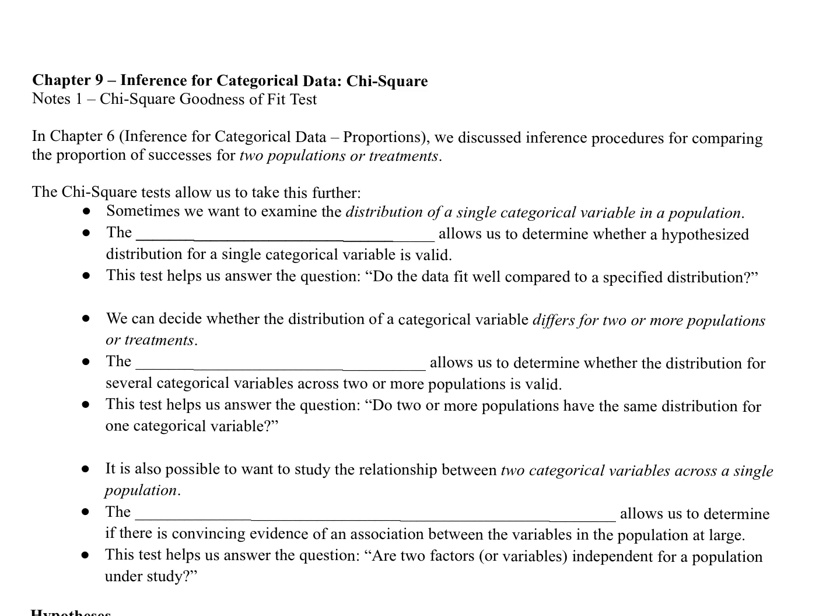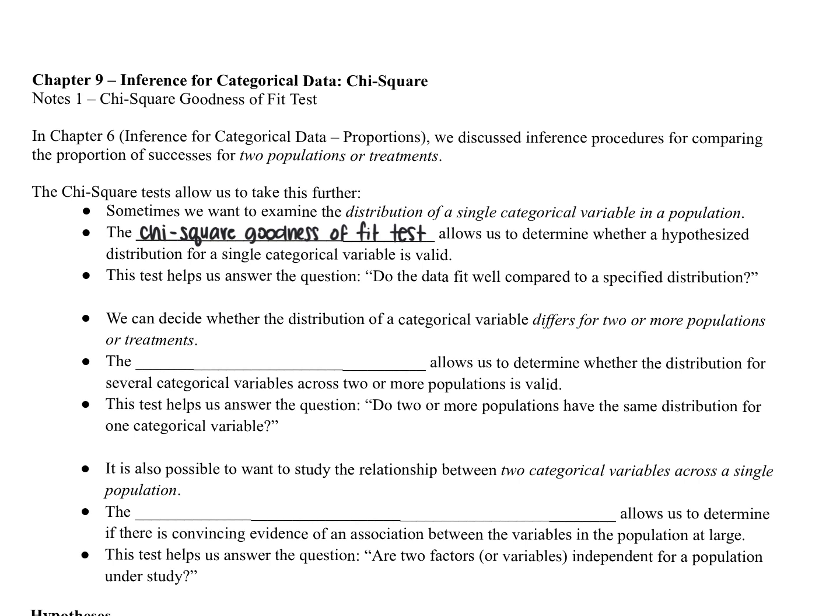This is called the chi-square goodness of fit test, which allows us to determine whether a hypothesized distribution for a single categorical variable is valid. It answers the question, do the data fit well compared to a specified distribution? This is what we're going to cover in this section of notes.